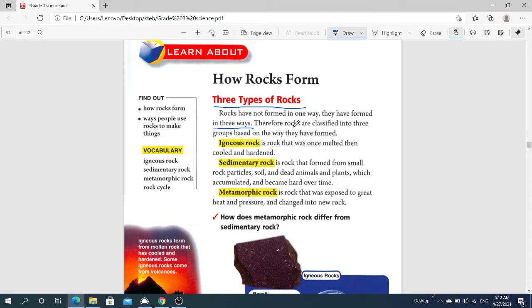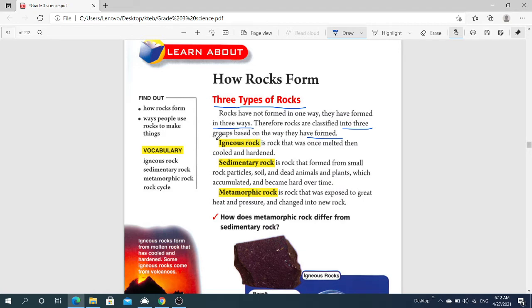Classified in how many groups? In three groups, based on the way that they have formed.